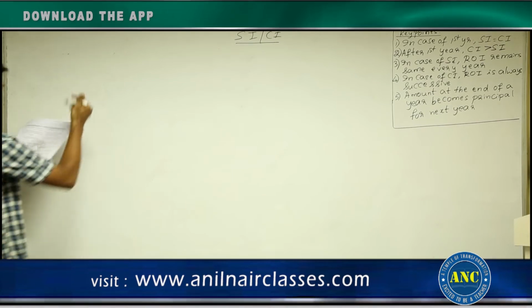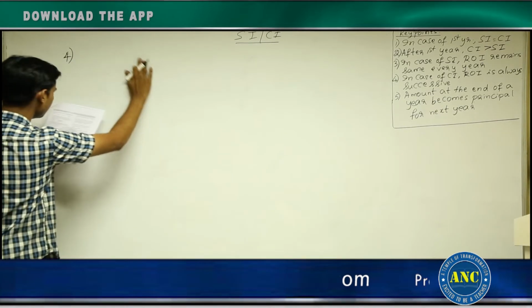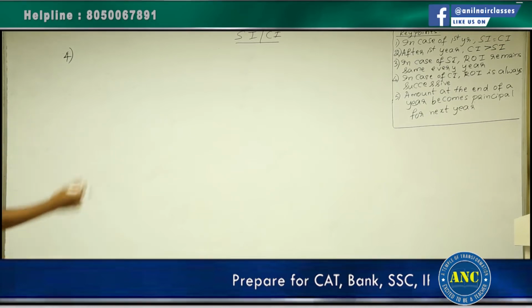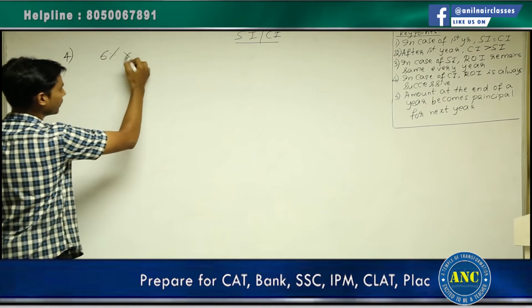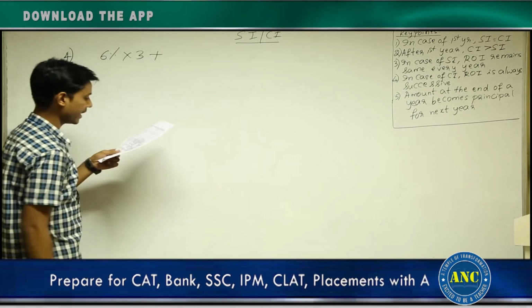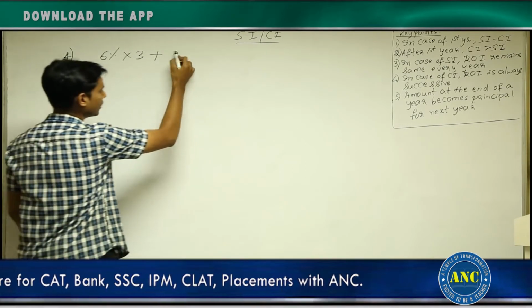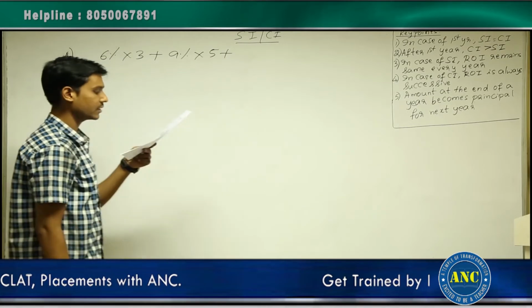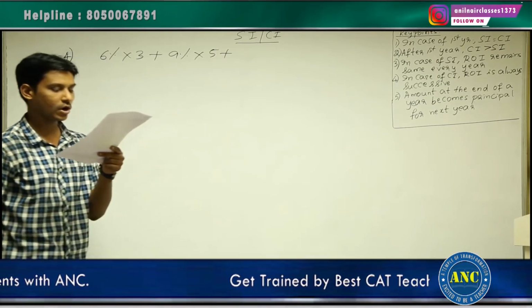Please see here. Very simple question if you work out in this way. For the 6% for the first 3 years, what is the effective rate of interest? 6% into 3. Next, 9% for the next 5 years. It is 9% into 5. Next, 13% for the period beyond 8 years.